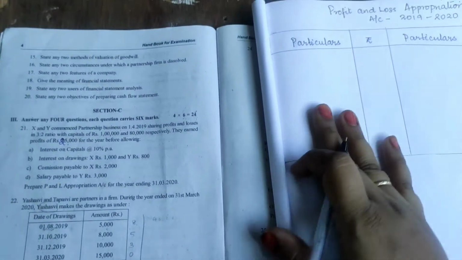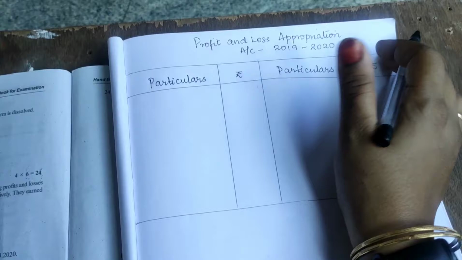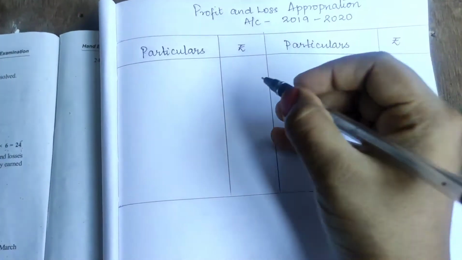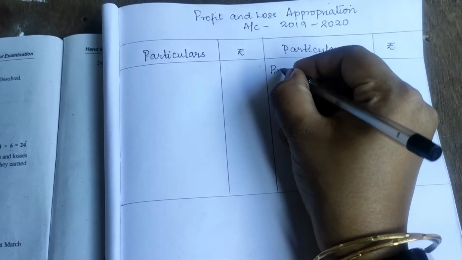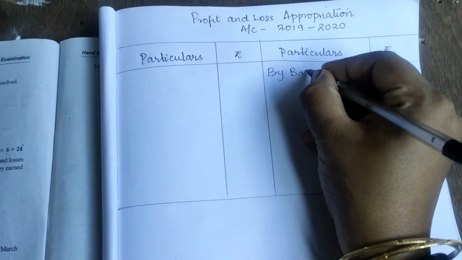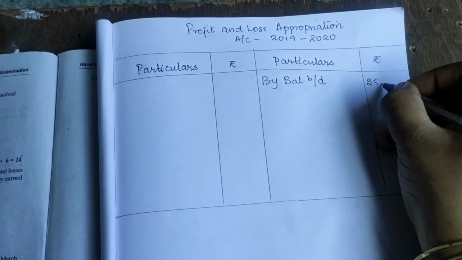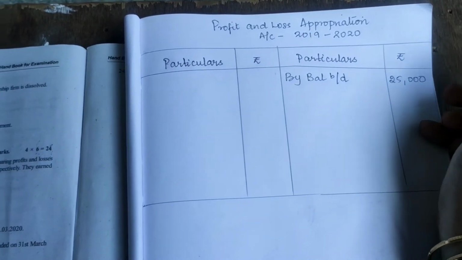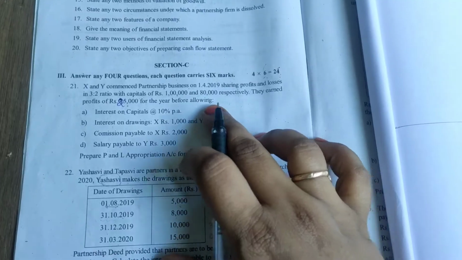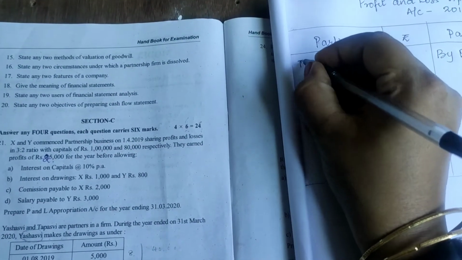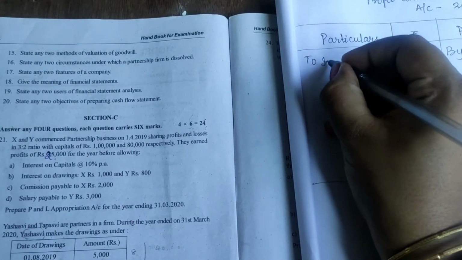solving the problem. First of all you have to make the columns like this. We'll write by balance brought down, which is the profit. How much is the profit? It is 25,000. Now we have written the profit. After that, we have to calculate interest on capital. As I said, interest on capital is an expenditure to the firm, so it will come on the debit side.